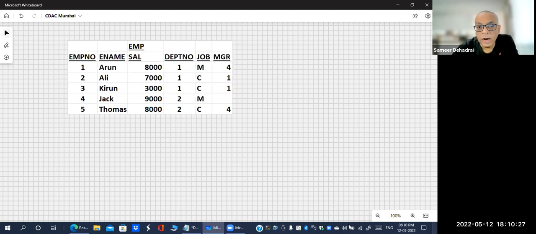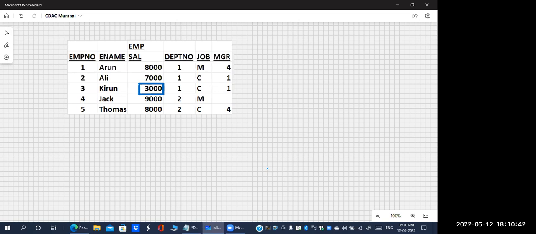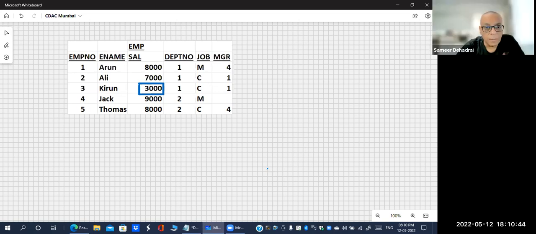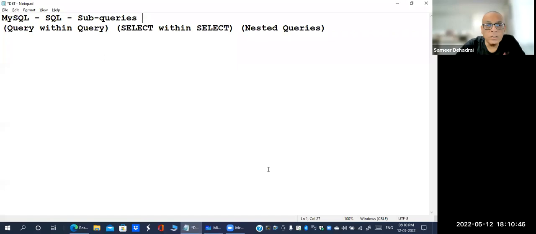Suppose you want to find out the minimum sal. How much is minimum sal? 3,000. If you want to find out the minimum sal, what will be your select statement? You will select min of sal from EMP.